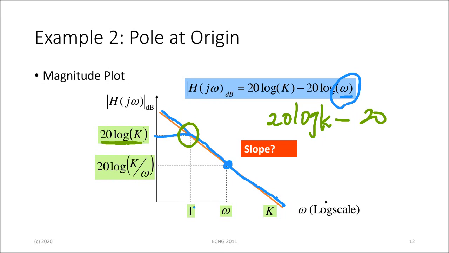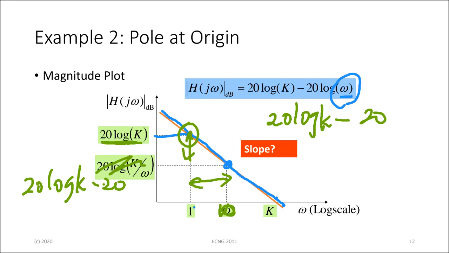So at this point, if we were just to substitute and call this 10 for argument's sake, then this is 20 log K minus 20. In other words, over this change, this dropped by minus 20 decibels.